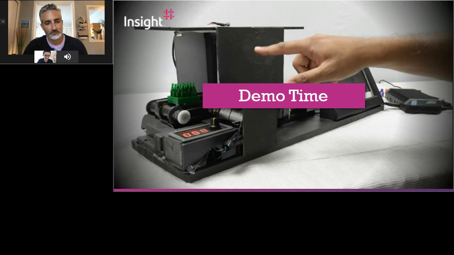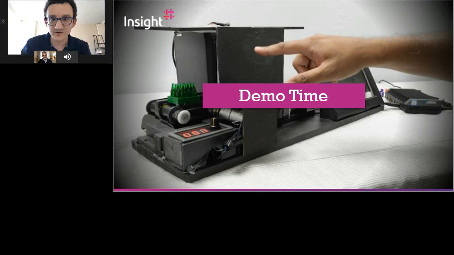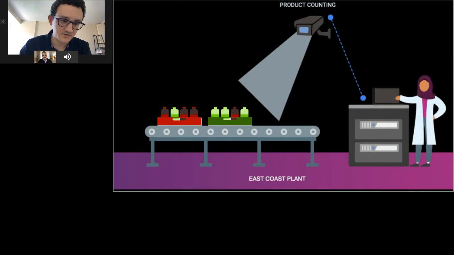Exactly. Thanks, Ilya. So as you said, an MVP of all the different components to show how they work and interrelate and get it working end to end. What we're showing here is two use cases. We have a lime soda and a cola going through the processing plant. One is a product counting use case, counting how many bottles are in each crate.